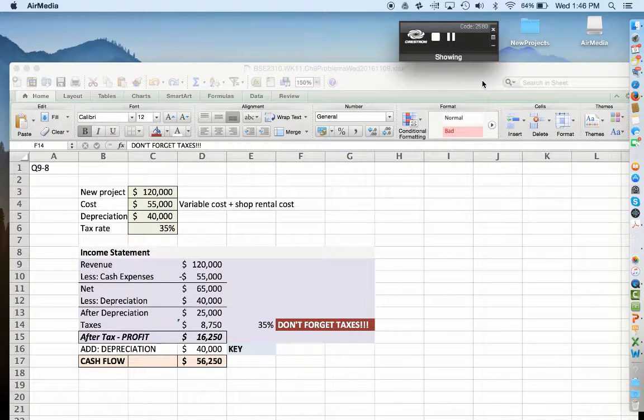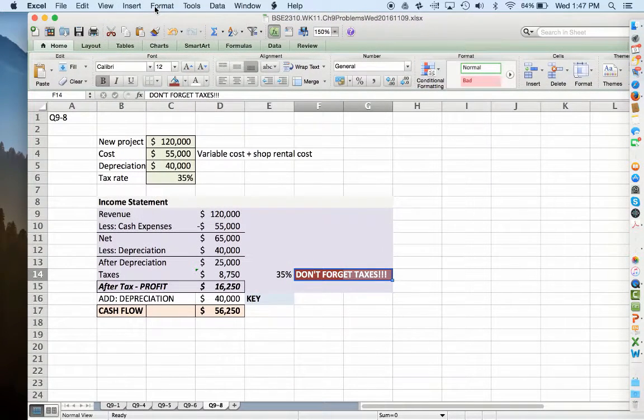Okay, so these 1, 2, 3, 4, 5 problems are all about calculating cash flow. You're given an income statement, calculate cash flow.